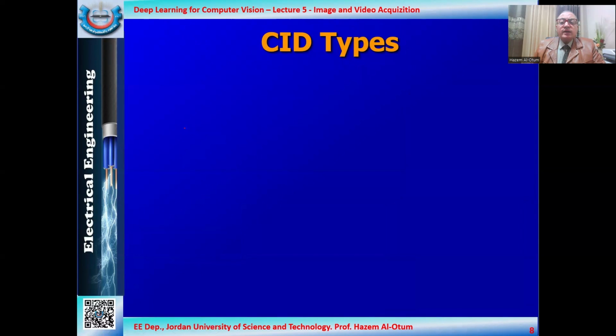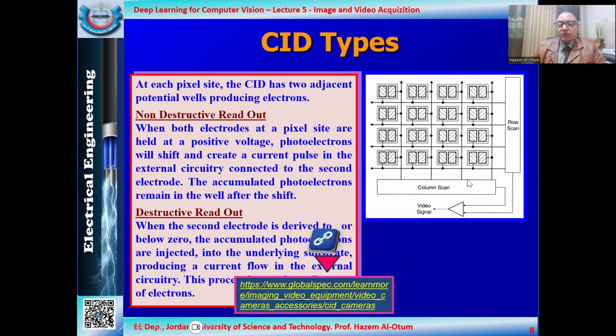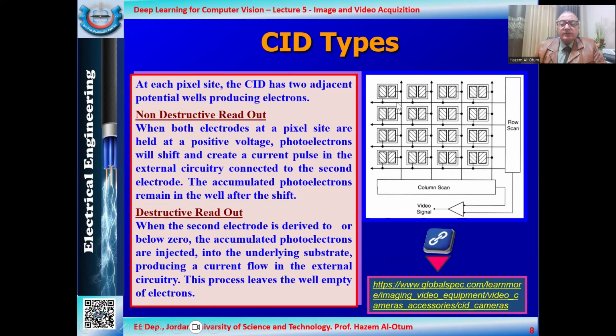Now let's go to the CID cameras. What are the CID cameras? If you look at this video, or let's see on this image, every potential well, as you can see here, contains a capacitor that is connected in a row and column scan.